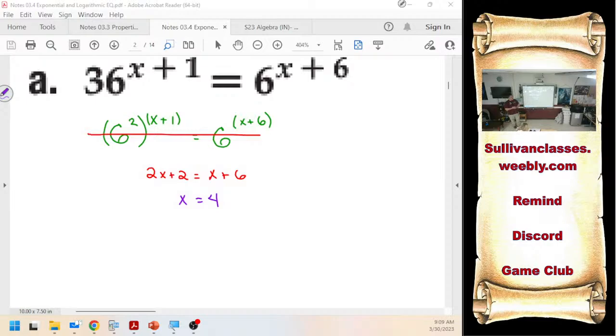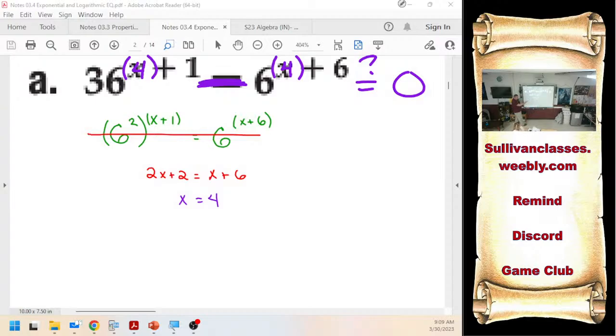Now, if I want to check this, the easiest way that I could think of is I'd grab my calculator, I'd put a 4 here and a 4 here. If these two sides are equal, what would happen if I took left side minus right side? This is going to come in really handy when my answer is nasty.